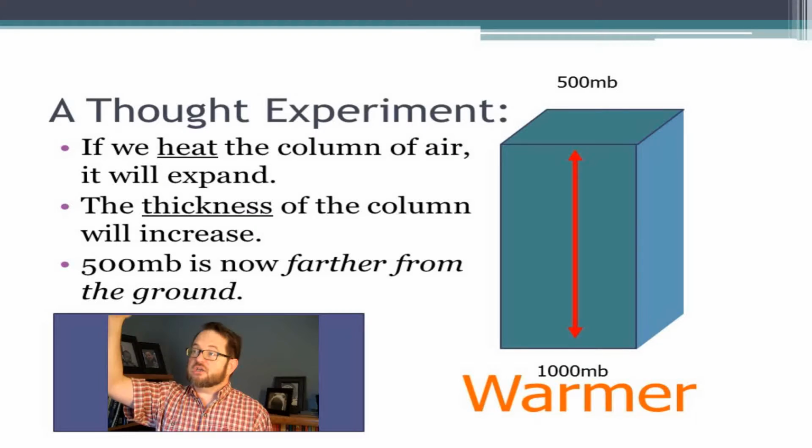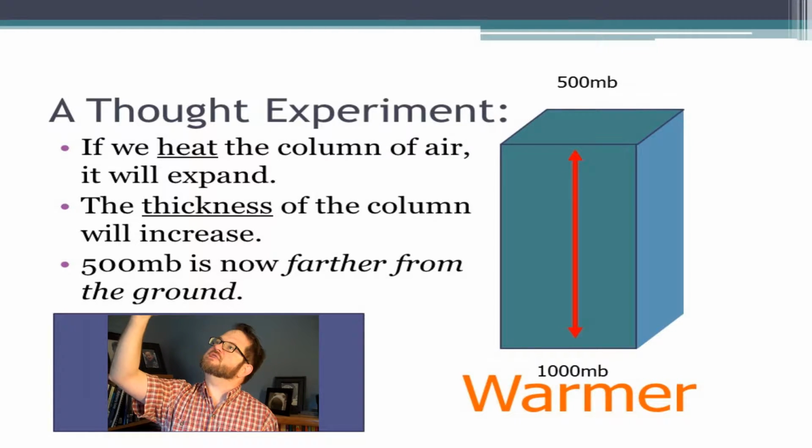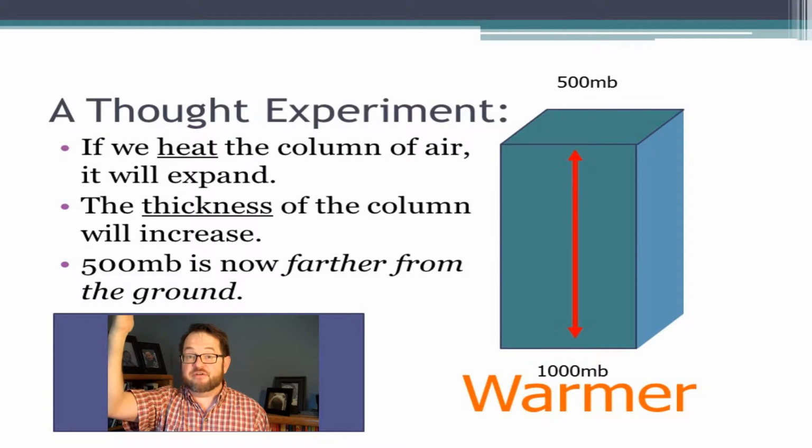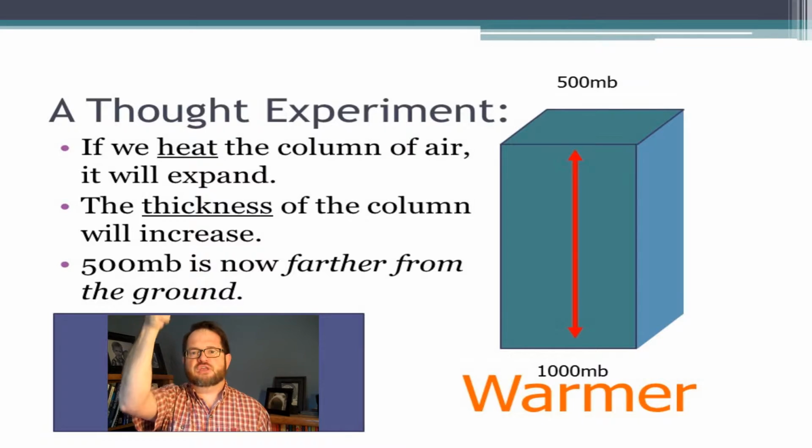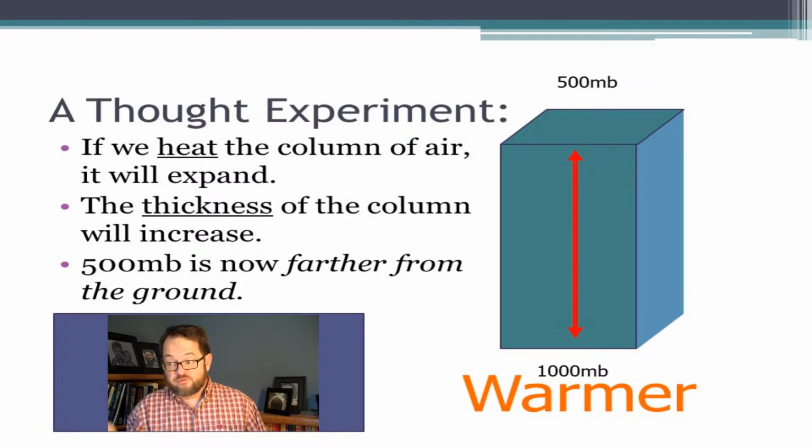So by making the layer thicker, we've apparently pushed the 500 millibar level higher above the ground. If you're launching a weather balloon or flying an aircraft and you're looking for how high above the ground you find the pressure to be 500 millibars, it's now farther than it used to be. The thickness of the layer has increased, and 500 millibars is now higher above the ground.